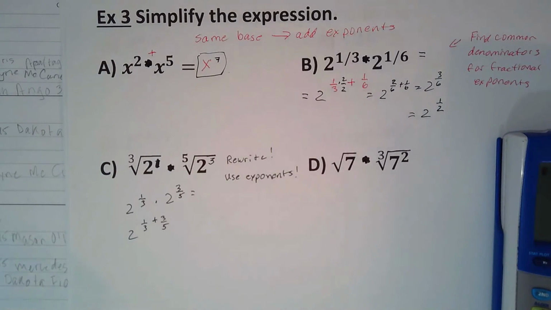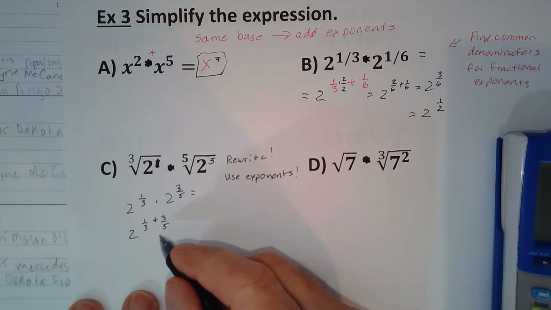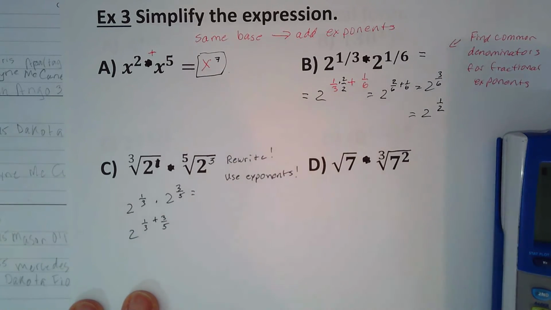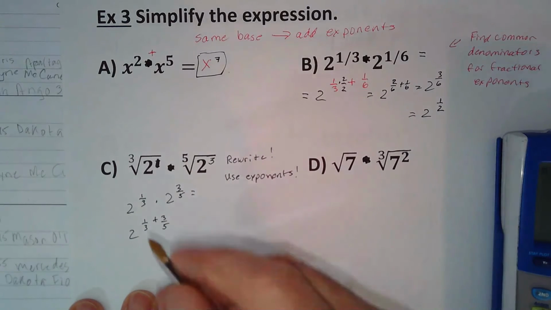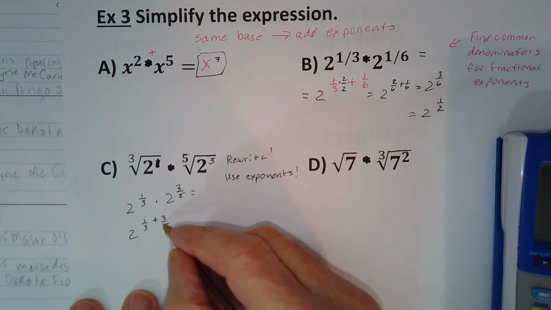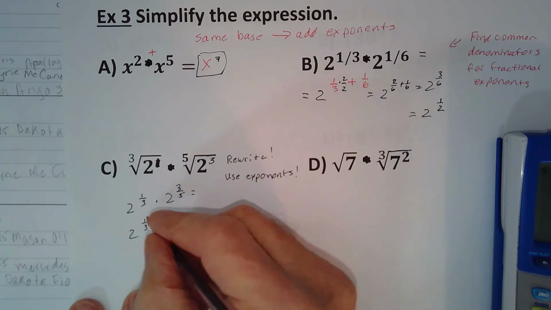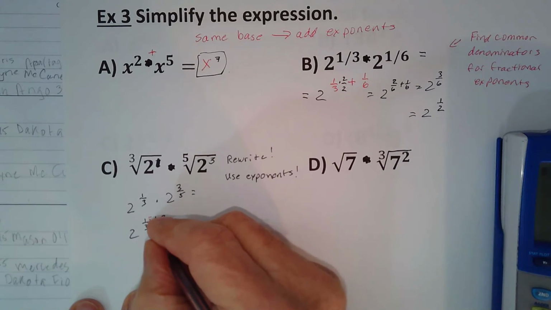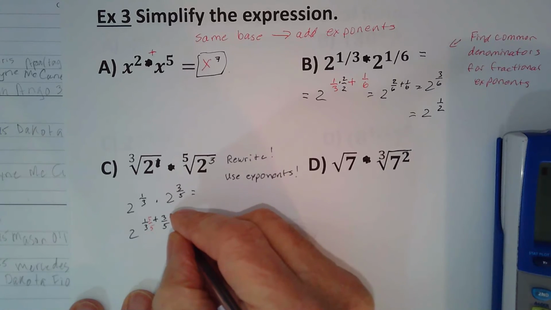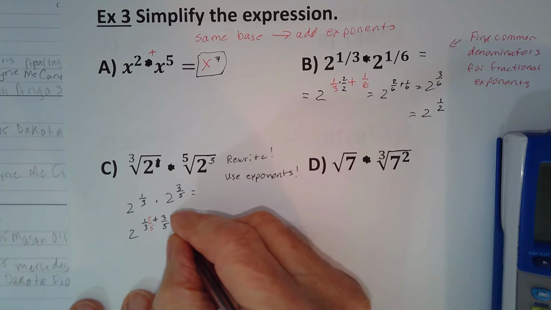But let's just go ahead and, for the moment, let's change these into fractions that have common denominators. So I would multiply 1/3 times 5 over 5, and I would multiply 3/5 by 3 over 3.